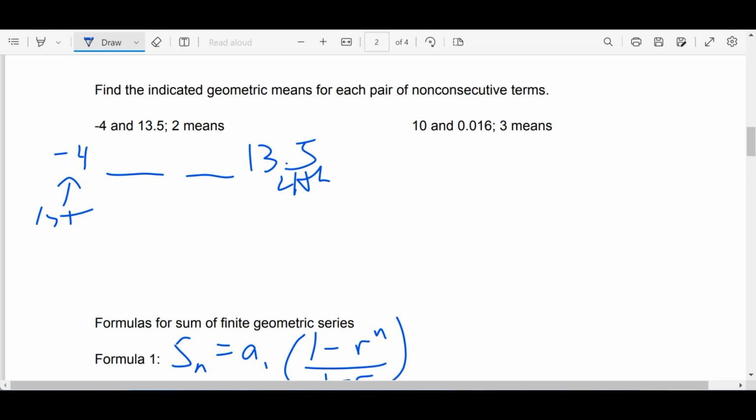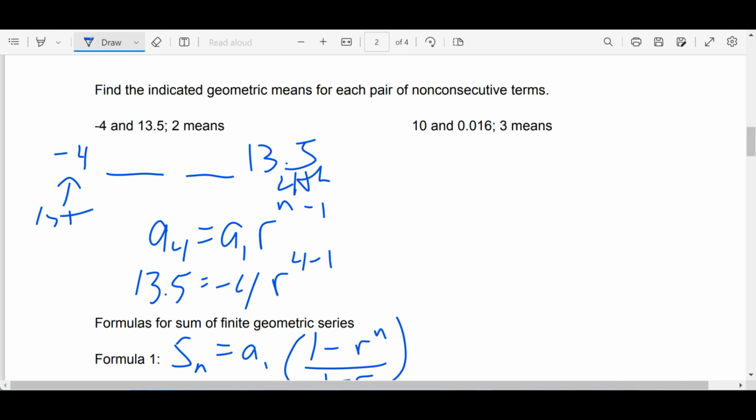So if we do it that way, let's go to our explicit formula and make it A4 equals A1 r to the n minus 1 power. We'll make that -4. We'll make this 13.5 rather. And it's going to be r to the power of 4 minus 1 because it's the fourth term.